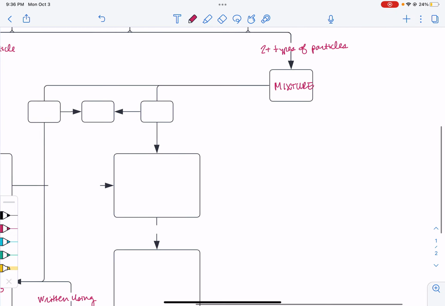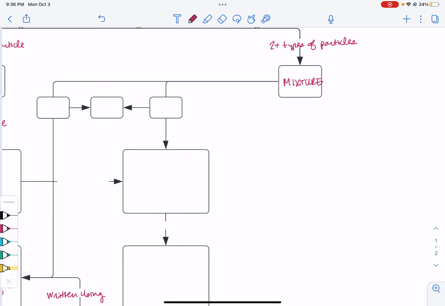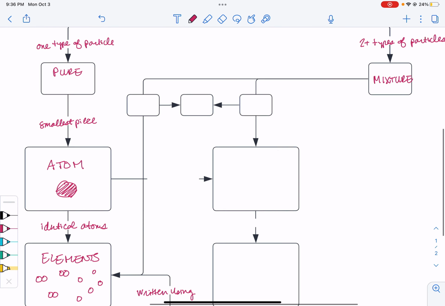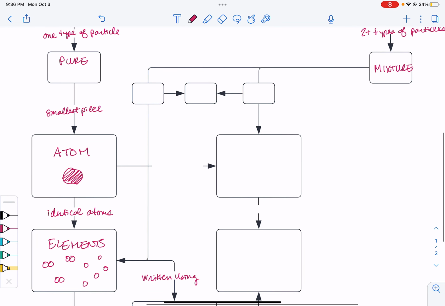And we can have mixtures of our elements. So our mixtures of our elements might look like two different types of individual circles. So there's two different types of particles in that box, but each of those particles is just a single piece of substance. So it's just an atom or an element.